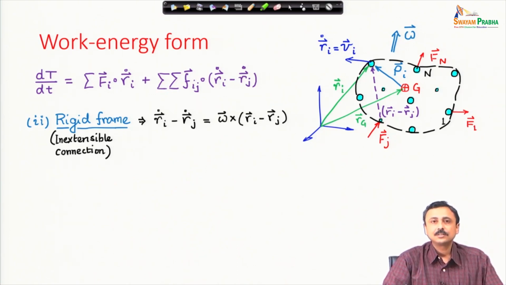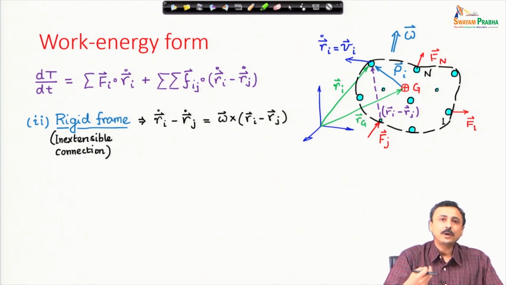Now, this we have discussed in kinematics. The relative velocity between these two mass points is omega cross r I minus r j, the vector connecting these two mass points, but this is true only when these particles are rigidly connected, right.